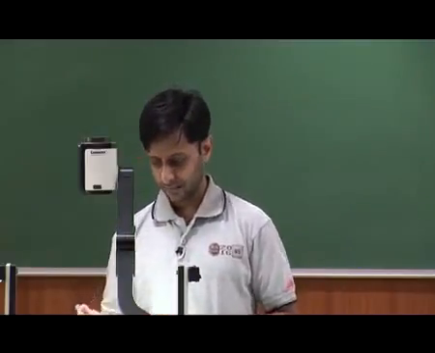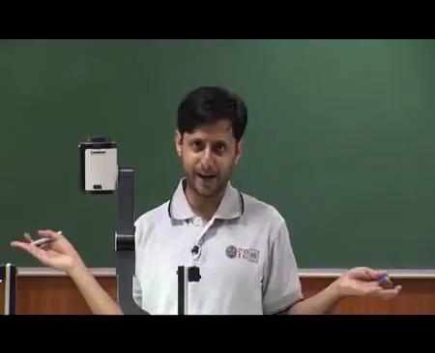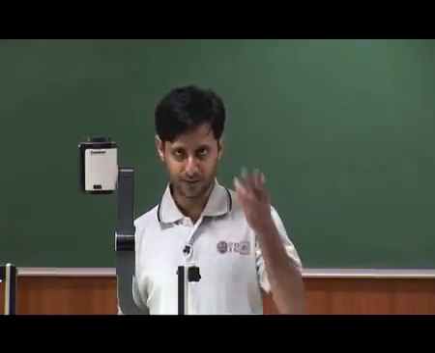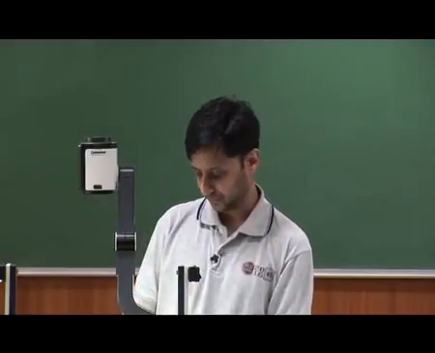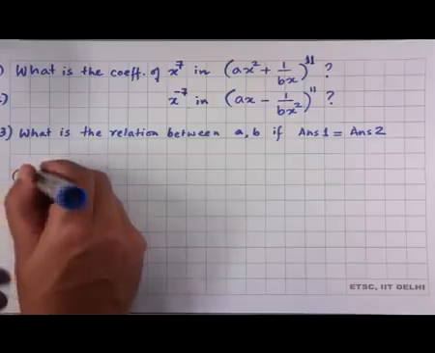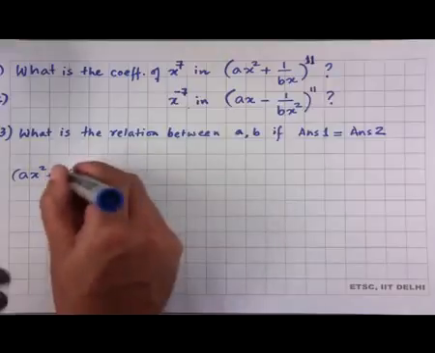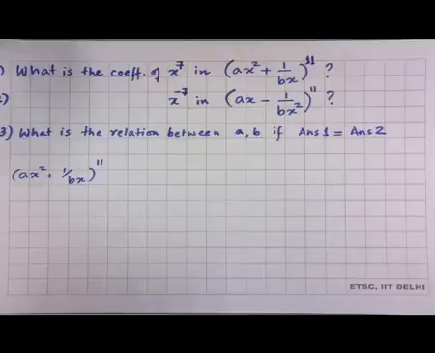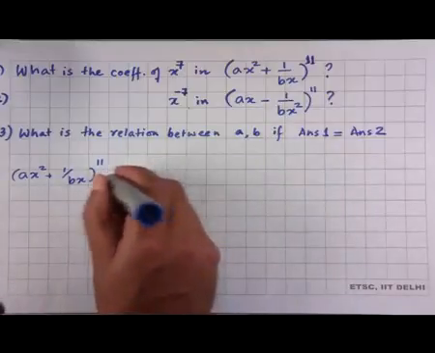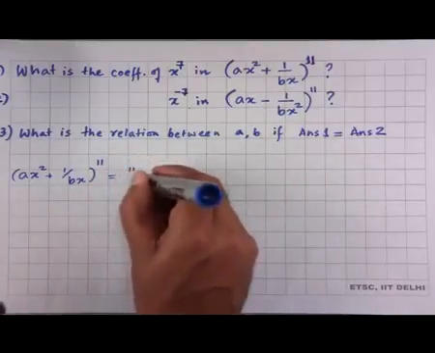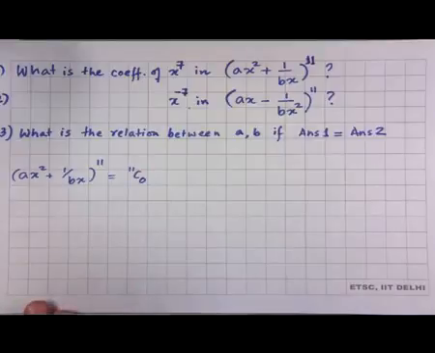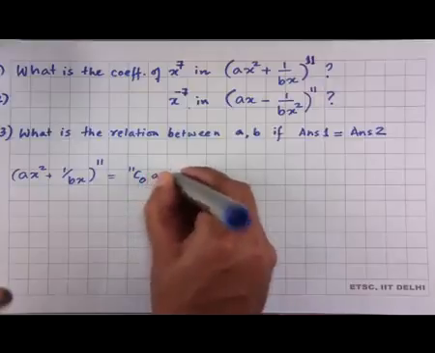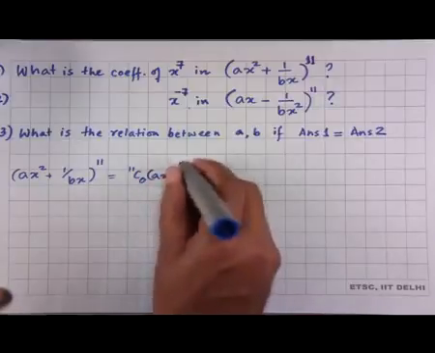Okay. How will you solve? Expand, right, binomially expand the first one. Let us try to do the first one: (a x squared plus 1 by b x) whole power 11. So, you start from 11 C 0 (a x squared) whole power 11.